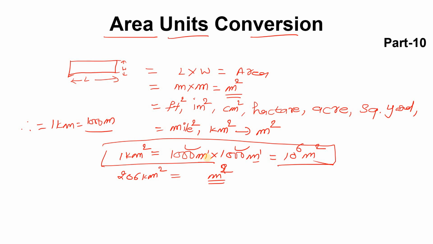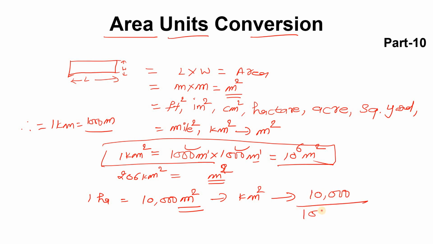Please understand it. Now the hectare: 1 hectare is equal to 10,000 meter square. Now convert it into kilometer square. What will this be? 10,000 divided by 1000 into 1000 kilometer square.